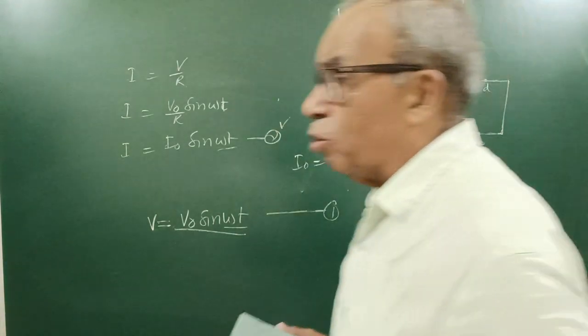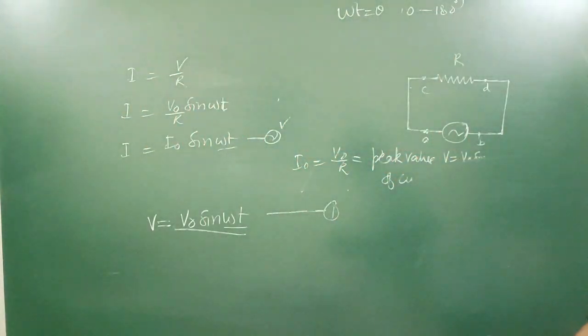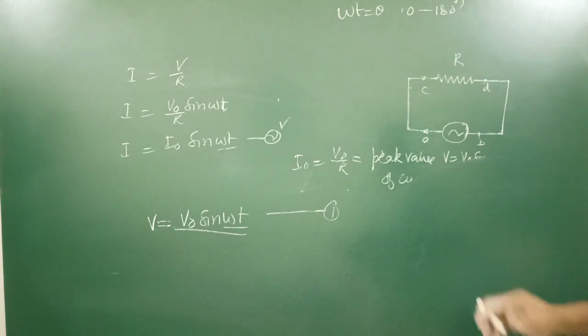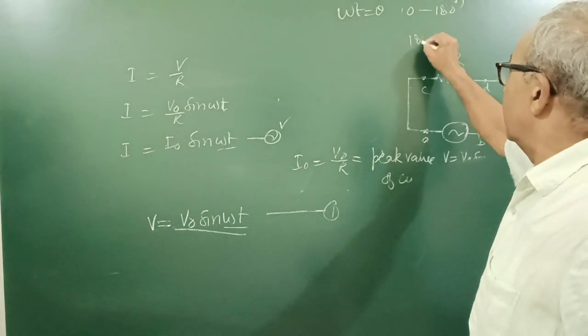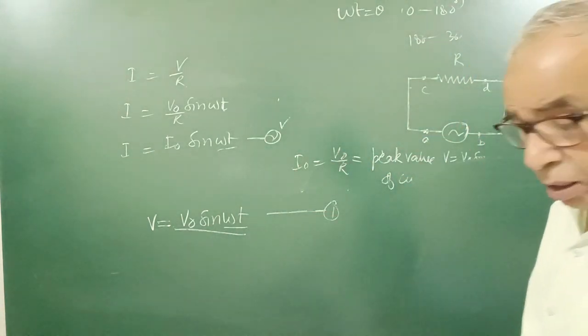The value will vary: sine 45 is 1 by root 2, sine 30 is 1 by 2, sine 60 is root 3 by 2, like that. All positive. But when theta varies from 180 to 360, sine is negative.